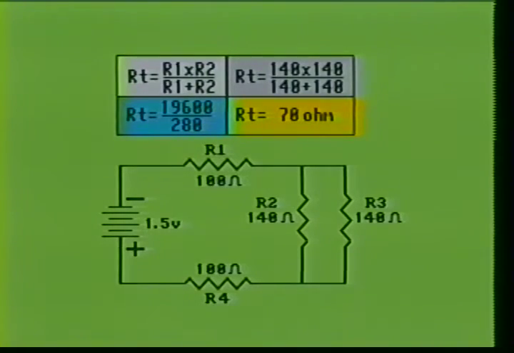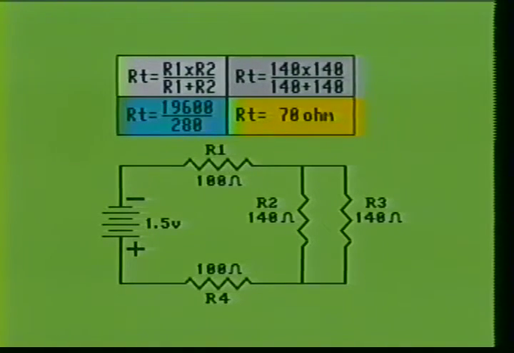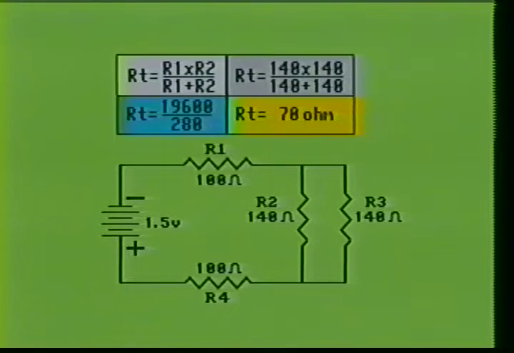We substitute the values of R2 and R3, and our formula becomes 140 times 140 divided by 140 plus 140. Our formula is 19,600 divided by 280. When 280 is divided into 19,600, it shows there is a total resistance of 70 ohms. Therefore, the R2-R3 combination has a total equivalent resistance of 70 ohms.